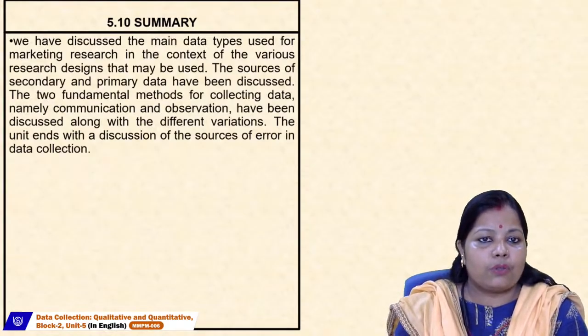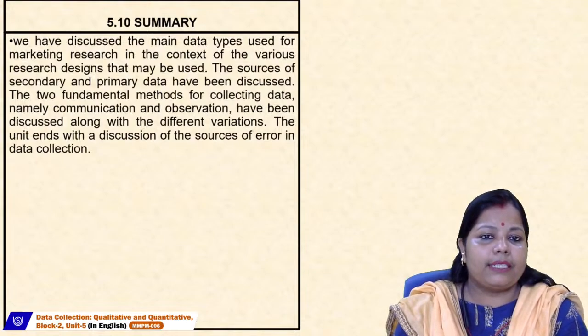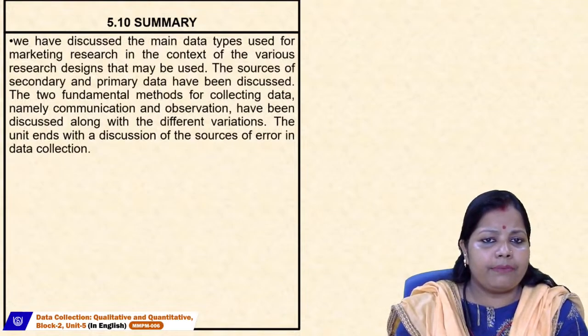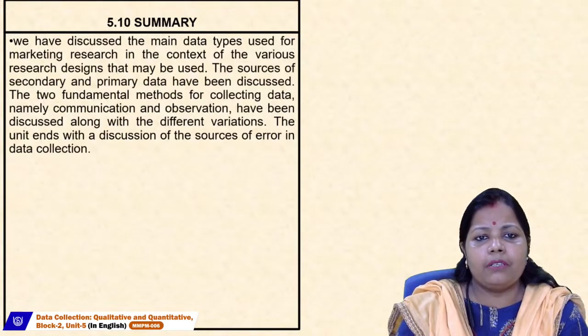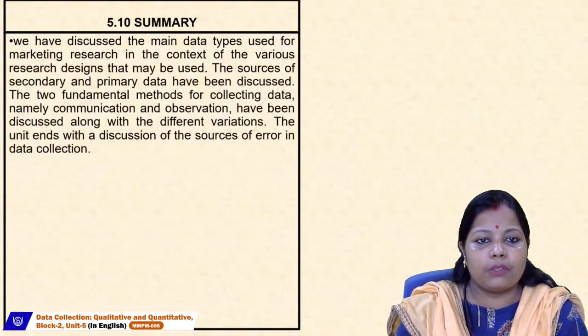So in conclusion, if we sum up the chapter on types of data collection and the errors in data, we can say there are many kinds of data. First of all, we have to take care of the research or project which we are going to conduct.